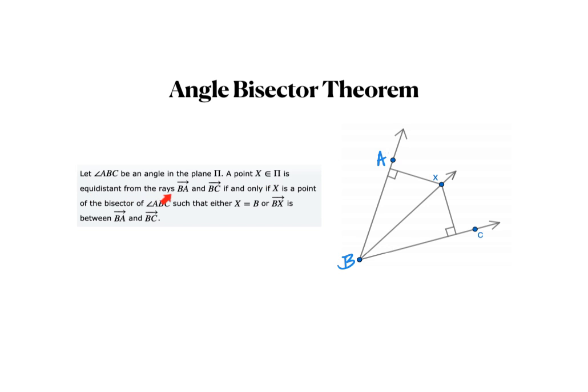It's equidistant from the ray BA here and the ray BC here if and only if X is a point of the bisector of angle ABC, such that either X is equal to B or BX is between BA and BC. So X could potentially be on B, and then of course it is the same distance from each of these rays. It's actually on those rays.